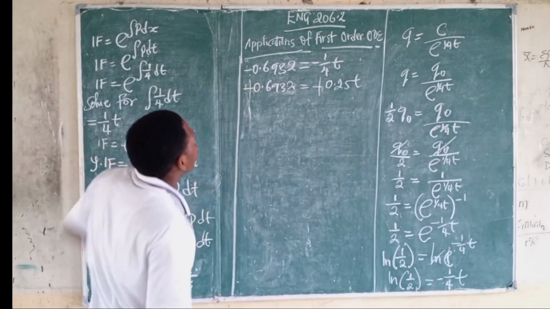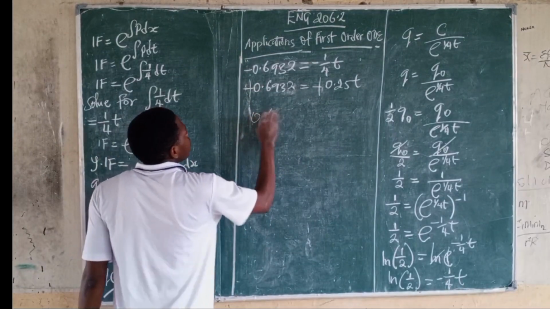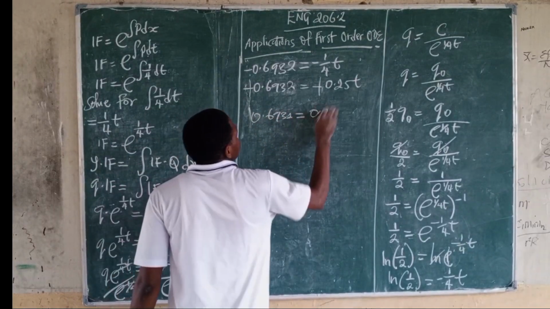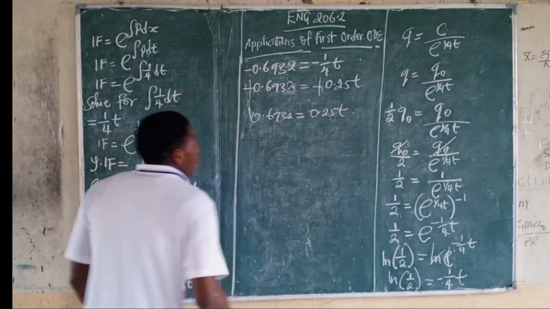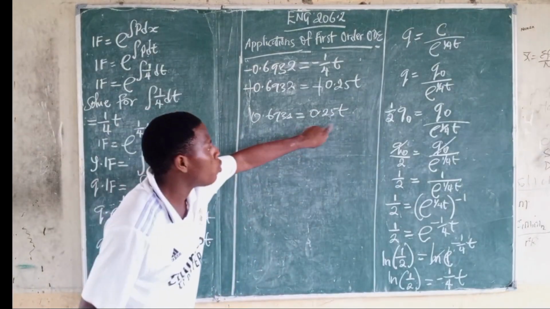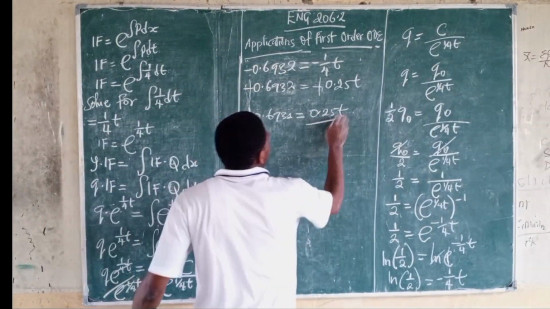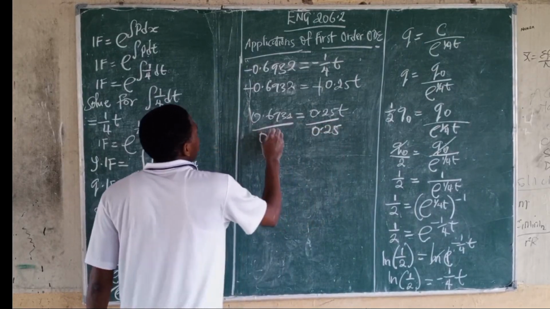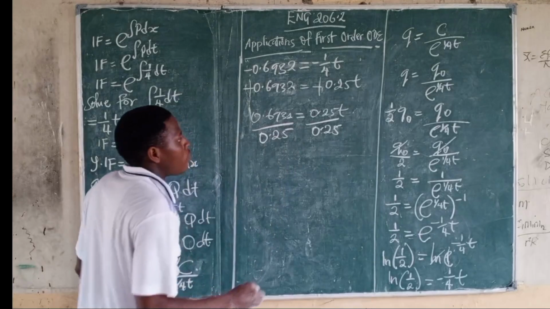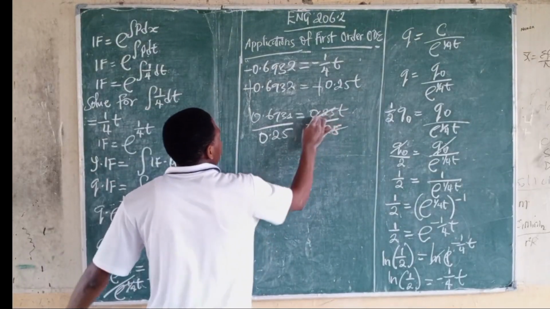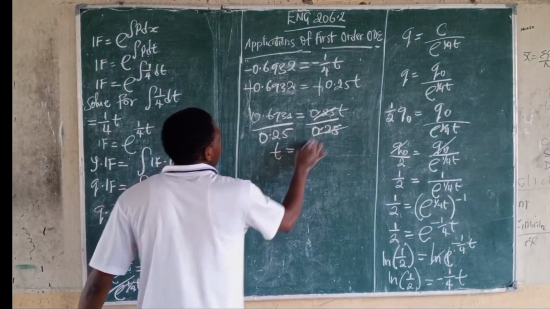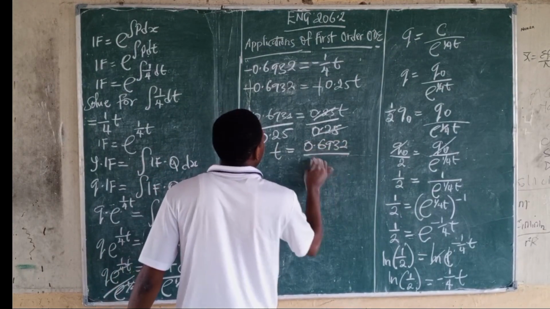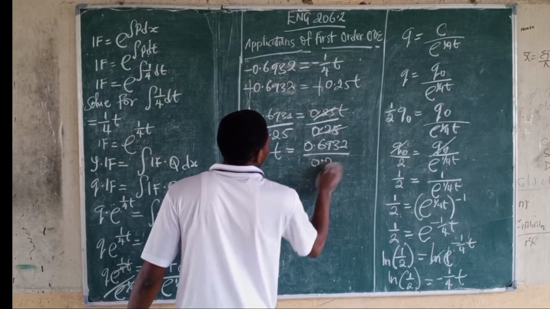What are we left with? We are left with 0.6932 equal to 0.25t. What do we do to get our t? We want to make t subject. So you are dividing this by 0.25, and you are dividing here by 0.25. Now if you do that, this cancels out. You are left with t equal to 0.6932 divided by 0.25.